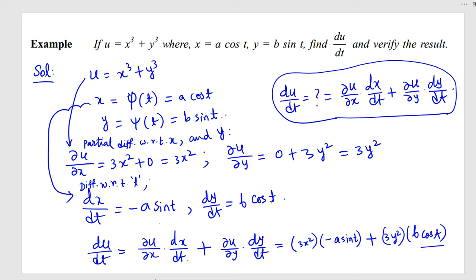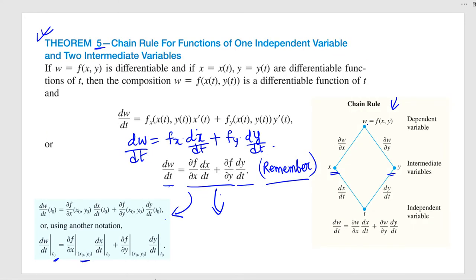Here the problem is that a function of two variables is given, where these functions themselves are also functions of some other variable. So here you get one dependent variable and two intermediate variables.